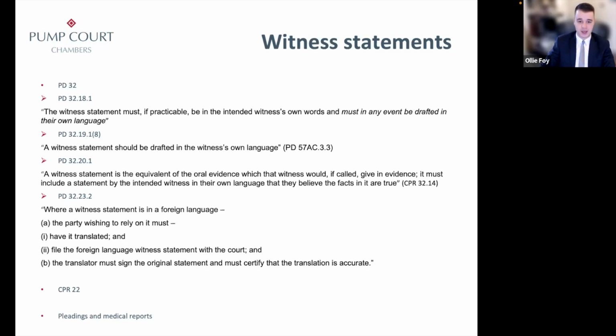The litmus test is therefore whether the client is able to give evidence in that language. Just because English is not someone's first or native language does not mean English is not their own language. So long as they can give evidence in English, the witness statement can be in English.